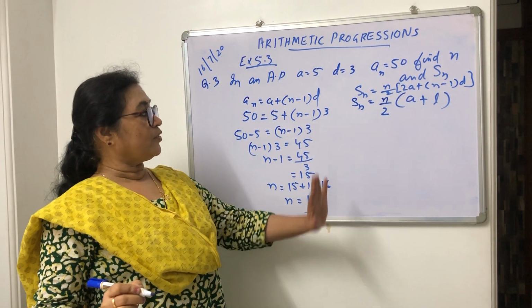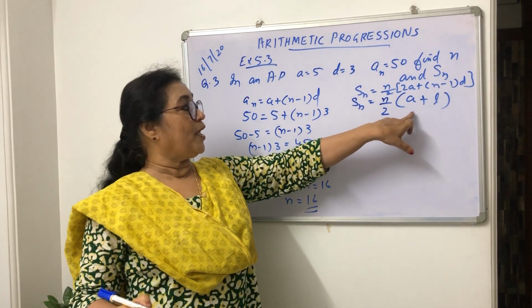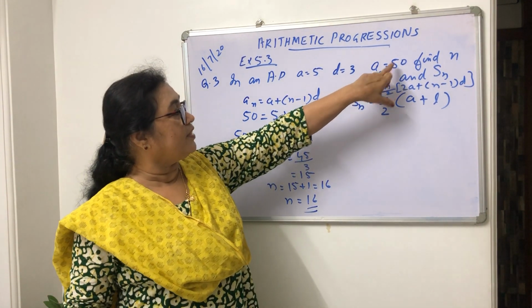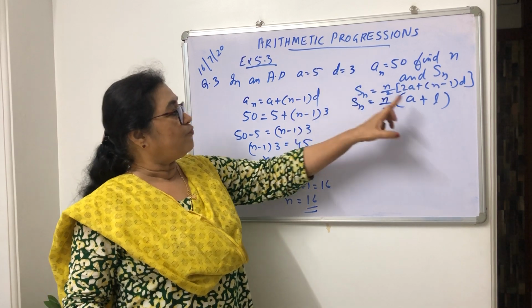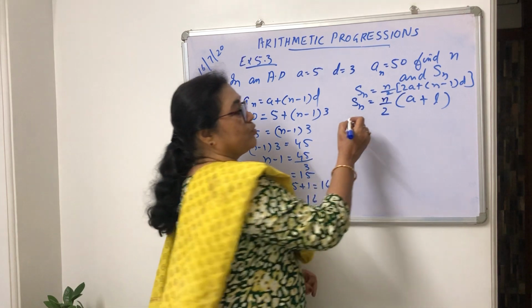Both the formulas you can use, but you see here n by 2 into a plus l, l is the last term. Last term is given here, 50. First term is given, 5. Then n also you got, so you can use this formula.